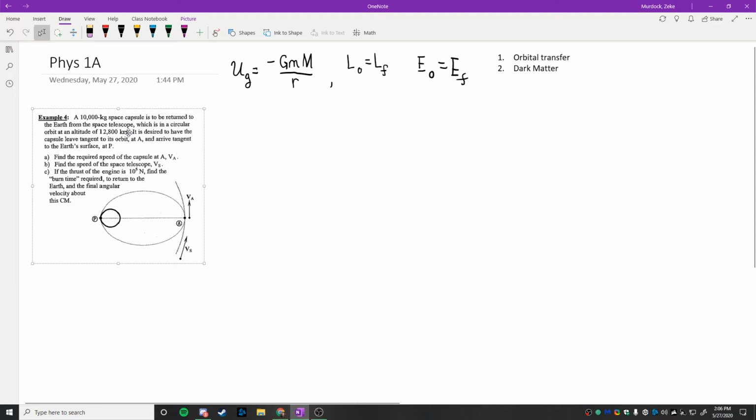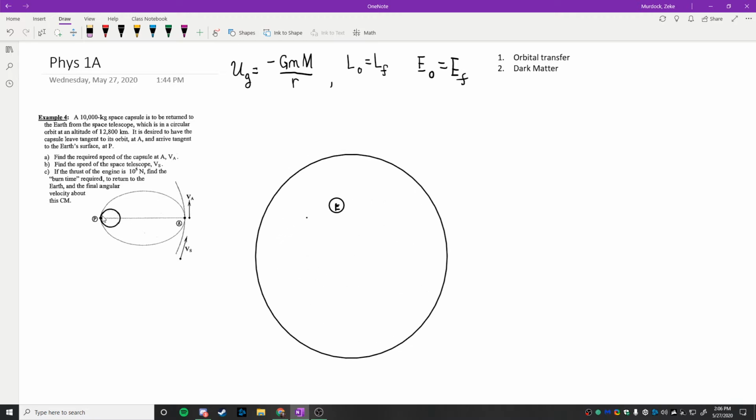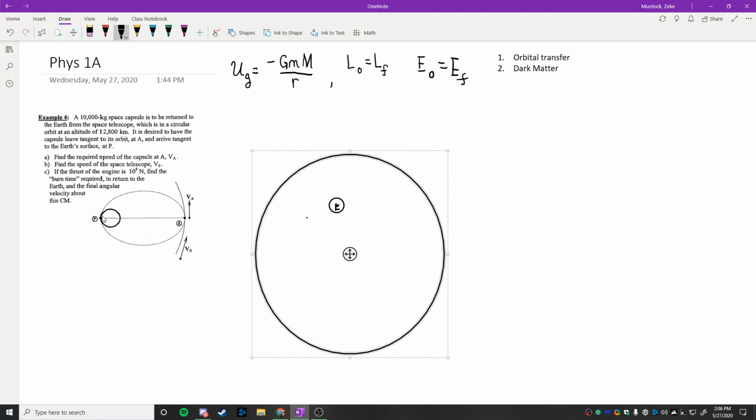It's an altitude of 12,800 kilometers. The goal is to take this space capsule and get it to be returned back to Earth over here. So the way you can think about this is that currently, let me draw a couple pictures here. So let's start off. This is the Earth. Okay, and then we've got two different orbits here. So one orbit is out, let's say kind of like this.